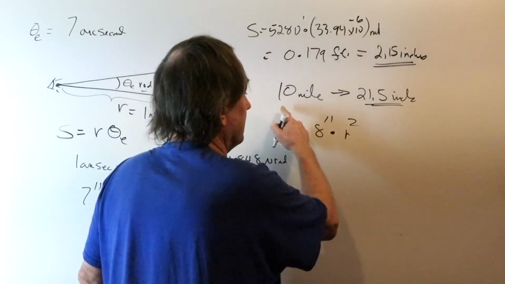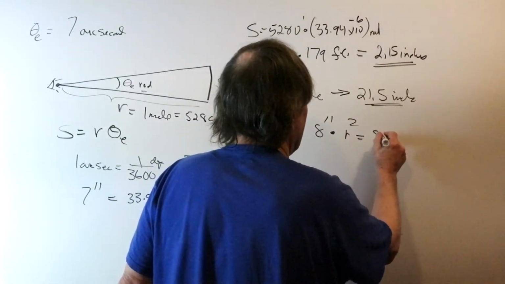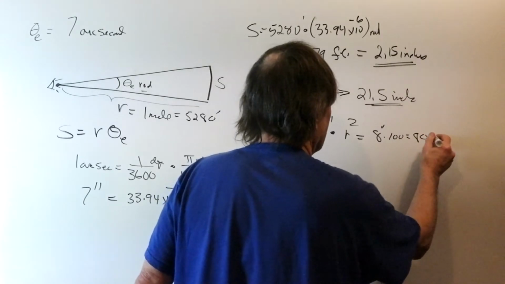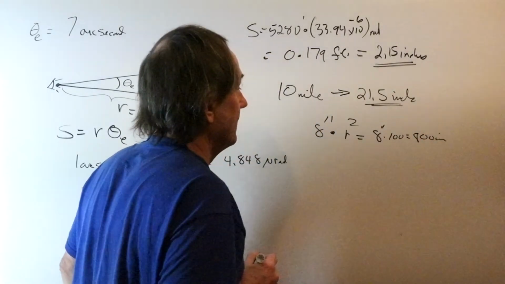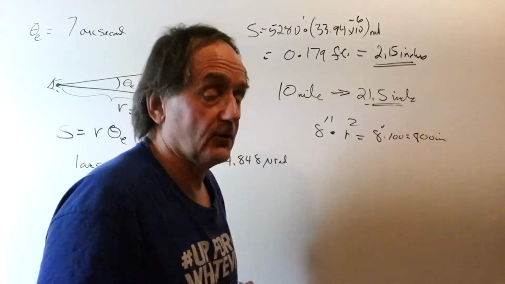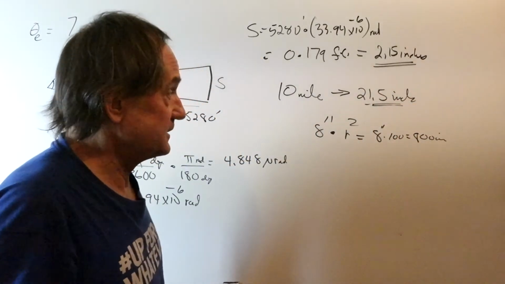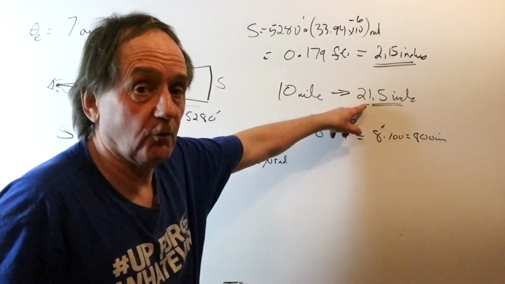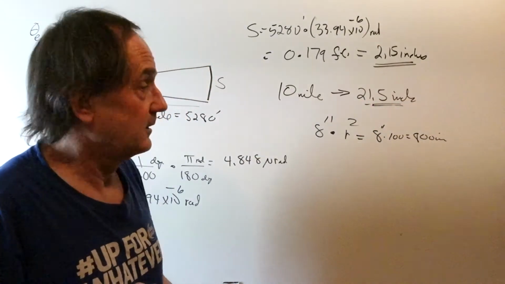Well, if we're out at 10 miles, this will be 8 inches times 100, or 800 inches. Well, 21.5 inches uncertainty in 800 isn't very much. I mean, we're talking about close to 1/40th, which would be about a 2%.